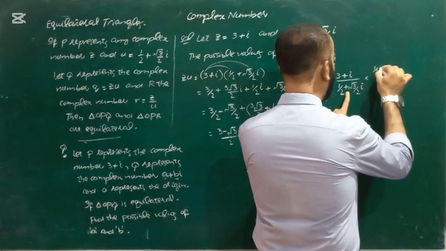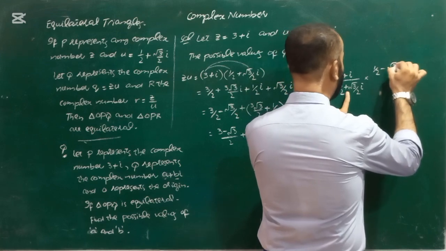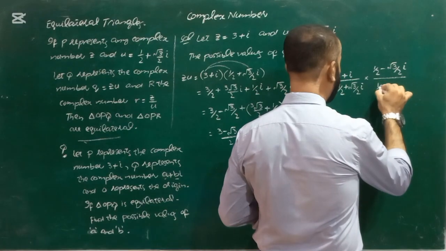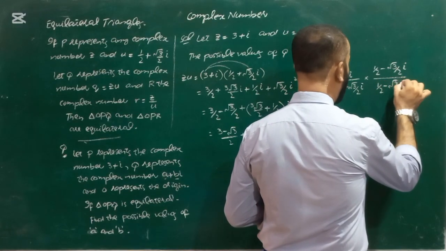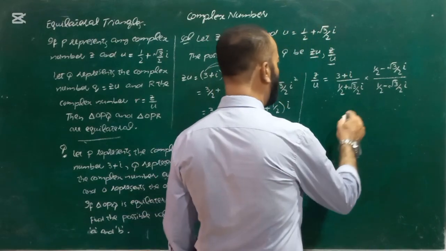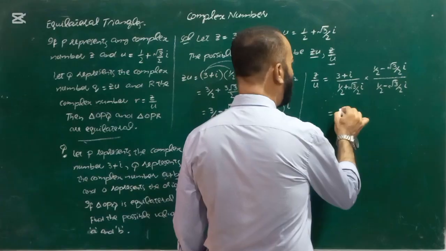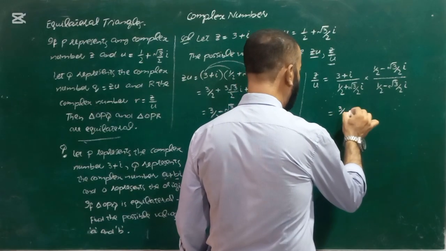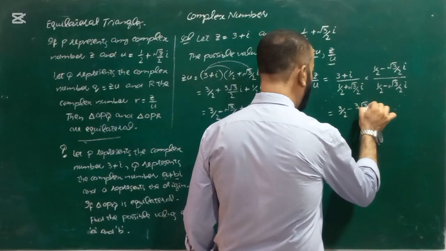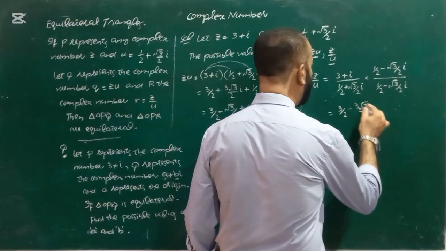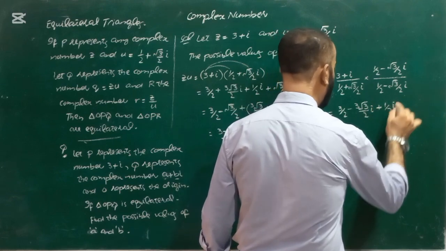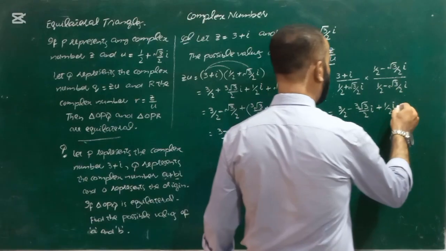So 1 by 2 minus square root 3 by 2 iota over 1 by 2 minus square root 3 by 2 iota. Okay, in the numerator, the values will be multiplied like 3 by 2 minus 3 square root 3 over 2 iota.